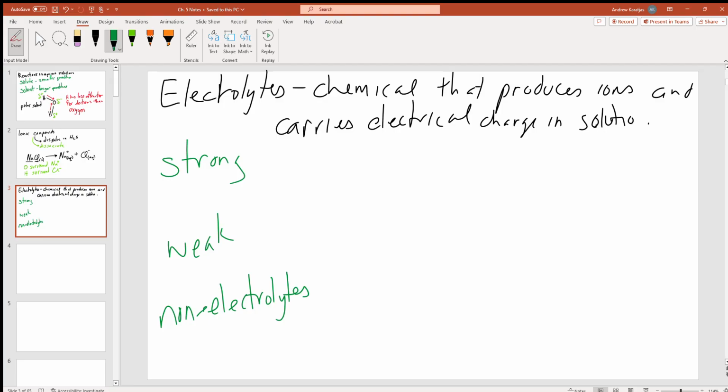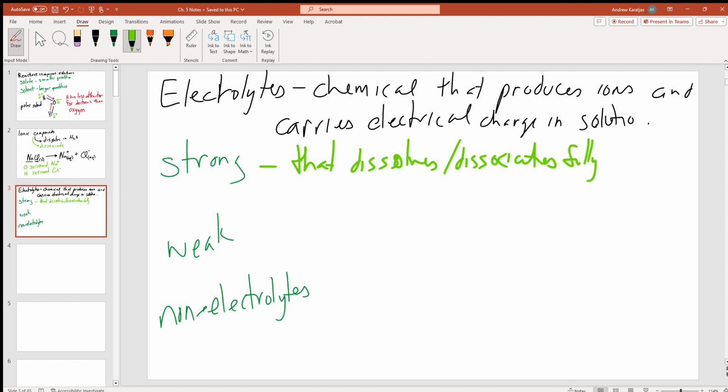So a strong electrolyte is a compound that dissolves or dissociates fully in solution.